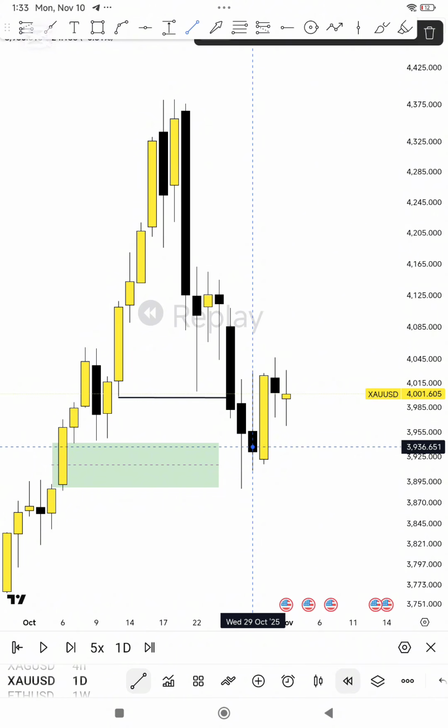I hope you truly understand what I was trying to show you, how the weekly candle low forms on Monday and on Tuesday, and how price actually delivers.